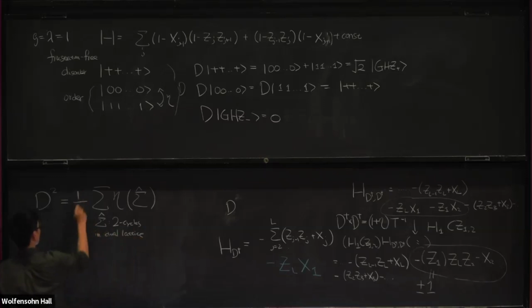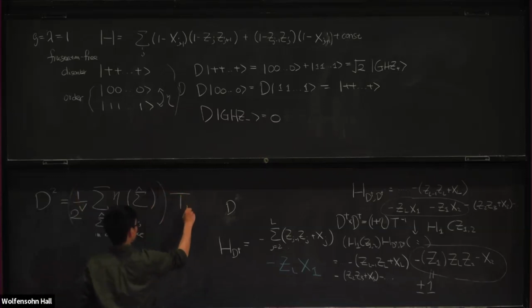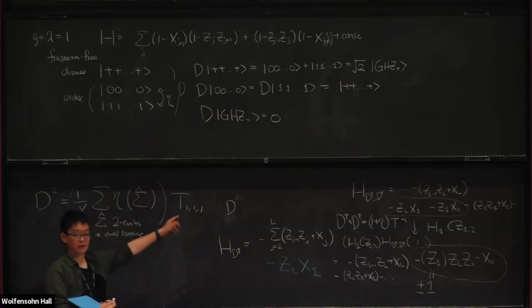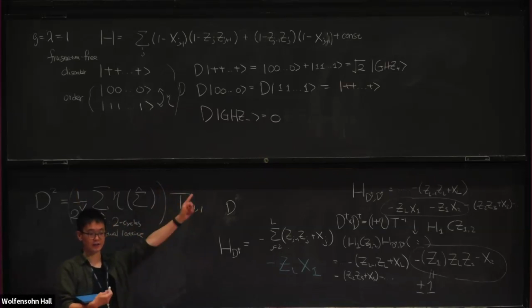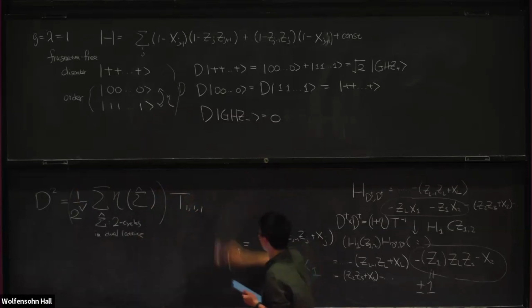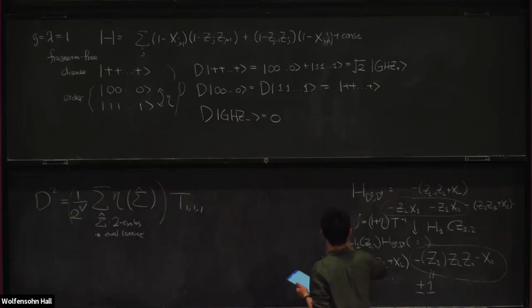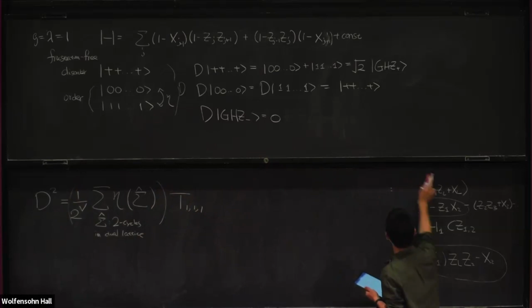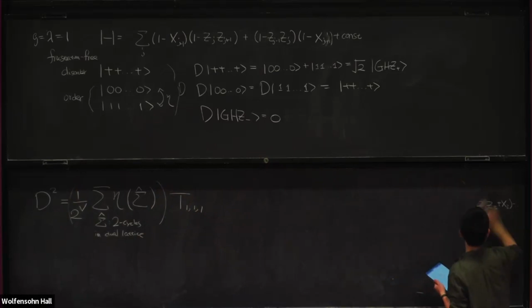You have to normalize it by 1 over 2v. V is the total number of sites. And similar to 1 plus 1D, there's going to be a lattice translation in the diagonal directions at the end of the day. So that's something you can show using the explicit PEPO expression.